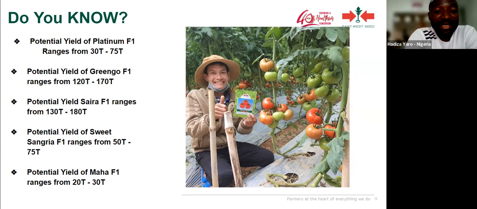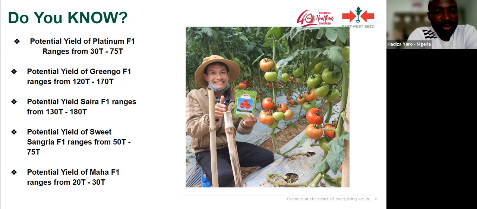When you multiply that by the numbers you have per hectare, definitely you believe what I stated here is really correct, both in the dry season and in the wet season.